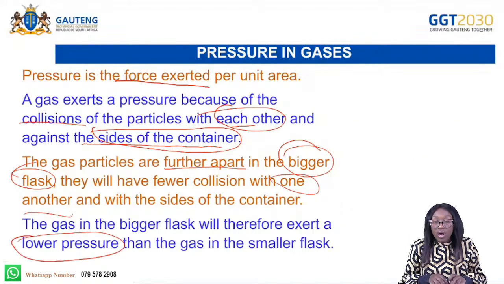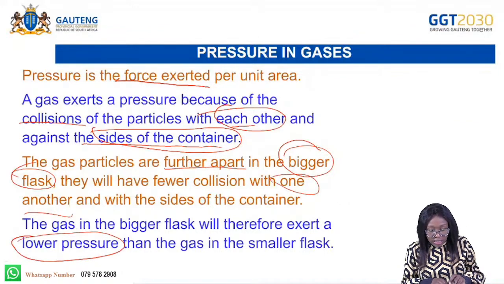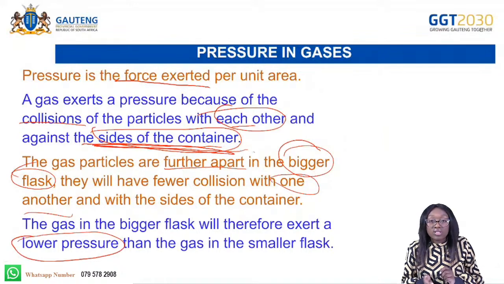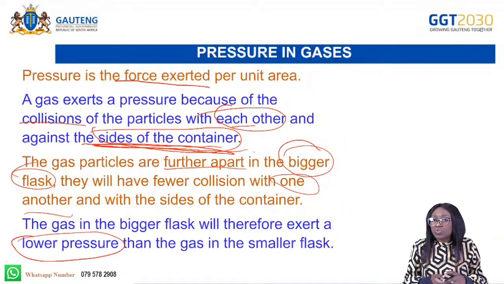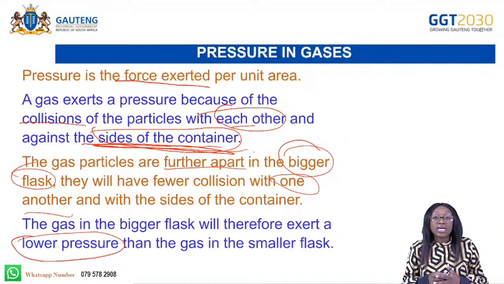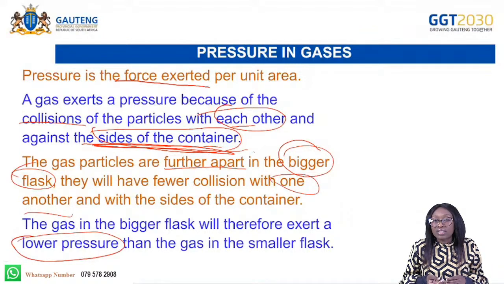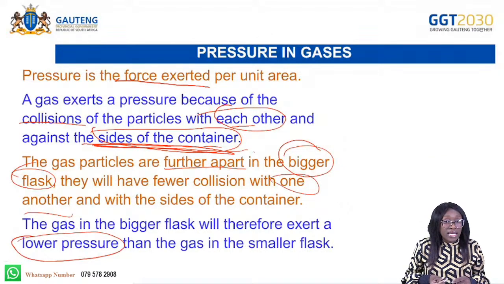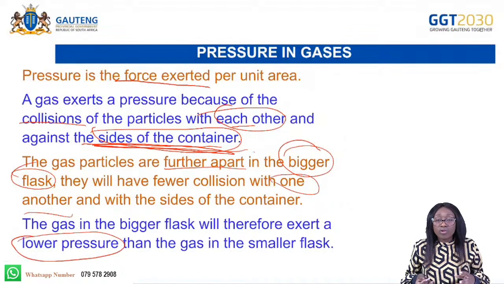So when a gas exerts pressure, it is colliding with the sides of the container. We're counting the collisions with the sides of the container. How frequent are they? How many are they? So if you put a gas into a big flask, the number of collisions with the sides of the container is going to be less because the volume of this container is quite large.